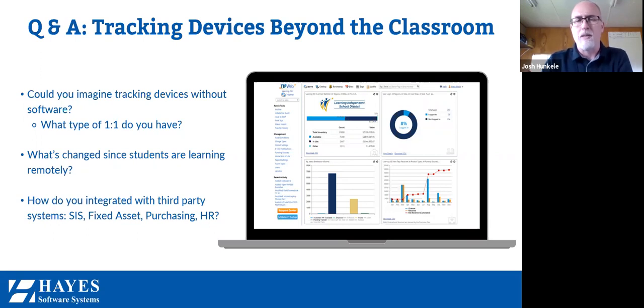But that wasn't accurate because 3 of the 4 were out with other students or in repair or were no longer in use. We also found that we had multiple spreadsheets managing the same set of assets, so people were recording information in 2 different places or more. And we really didn't have good visibility as to what we actually had here in the district that was still in working order in student hands.